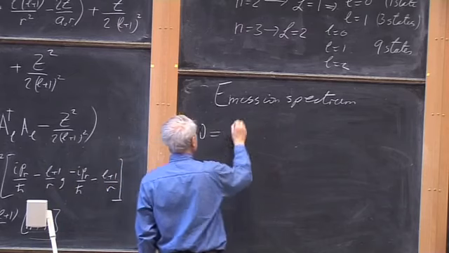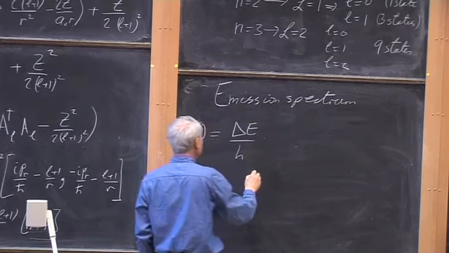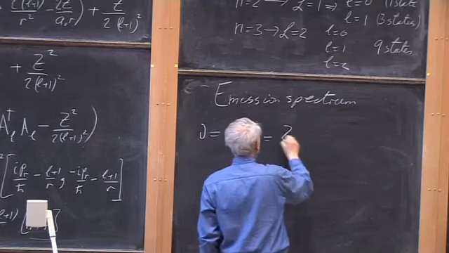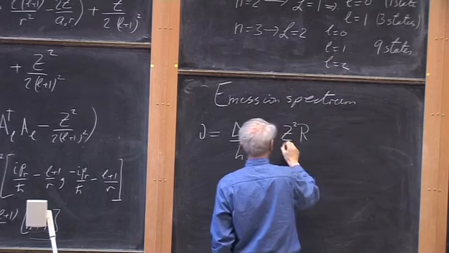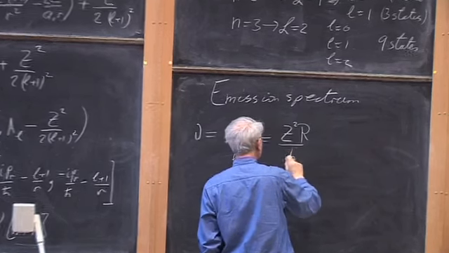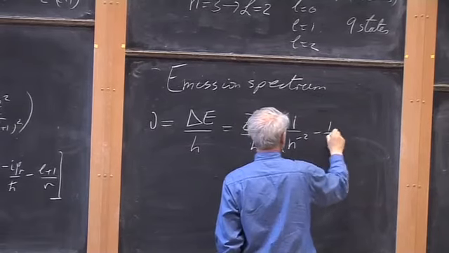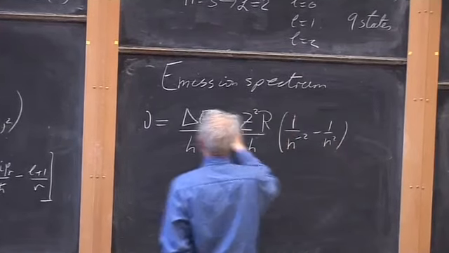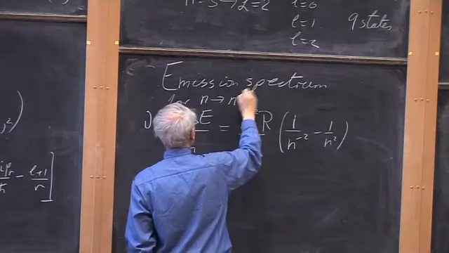Nu is going to be the difference in the energies over h, which is going to be Z squared, the Rydberg constant over h, not h bar, times 1 over n prime squared minus 1 over n squared. This is for n goes to n prime.